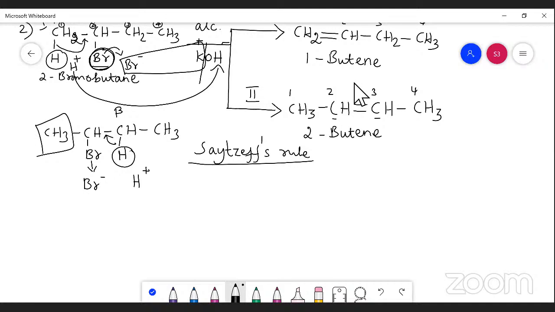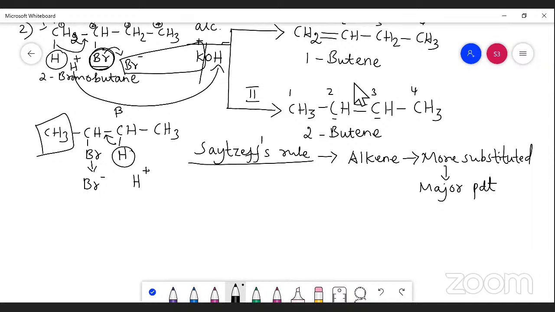You concentrate on the carbon-carbon double bond, which is the alkene. The more substituted alkene acts as the major product. Did you get my point? The more substituted alkene acts as the major product, and the less substituted alkene acts as the minor product. This is the rule.